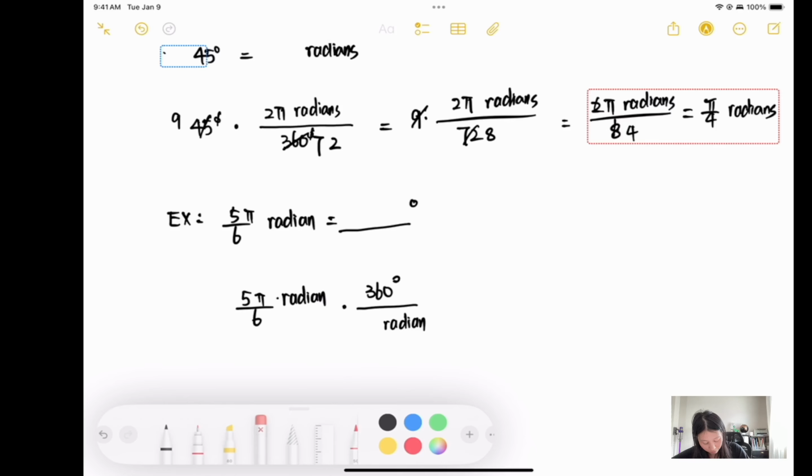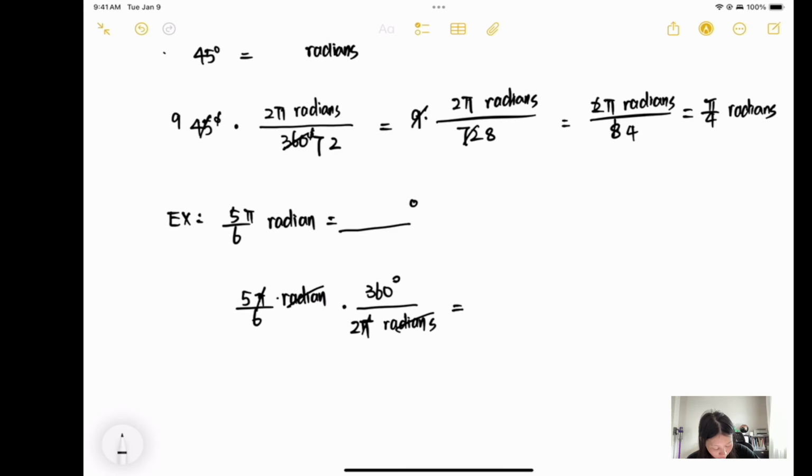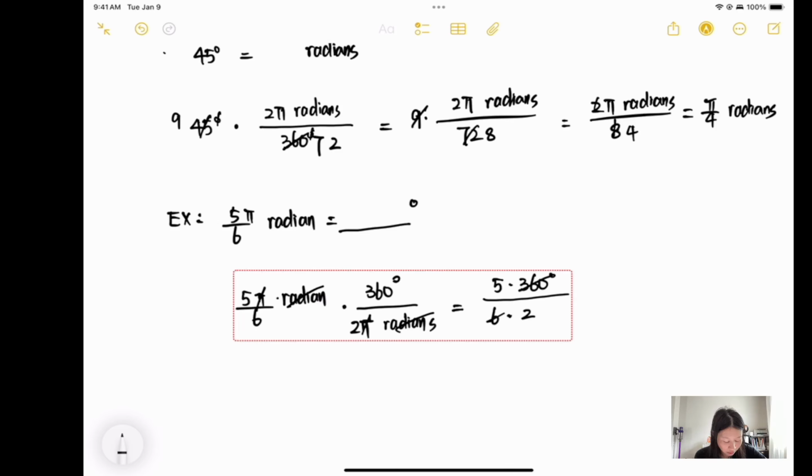Now, radians and radians cancel. Pi and pi, they also cross cancel. Now, simplify it. We can do step by step. I have 5 times 360 degree over 6 times 2. Now, let's continue. 360 and 6, they can cross cancel, so I have 60 on the top.